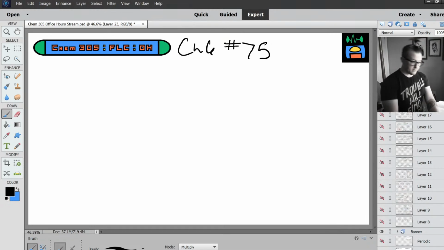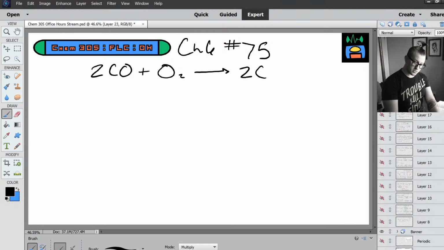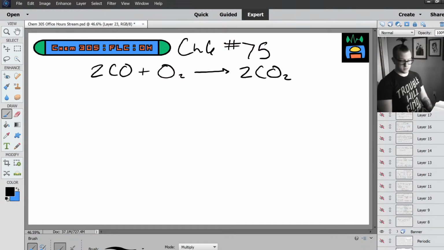All right, so we're given a chemical equation here. 2 molecules of carbon monoxide react with 1 molecule of oxygen to produce 2 molecules of carbon dioxide. All right, what mass of oxygen in grams is needed to react completely with 25 grams of carbon monoxide?